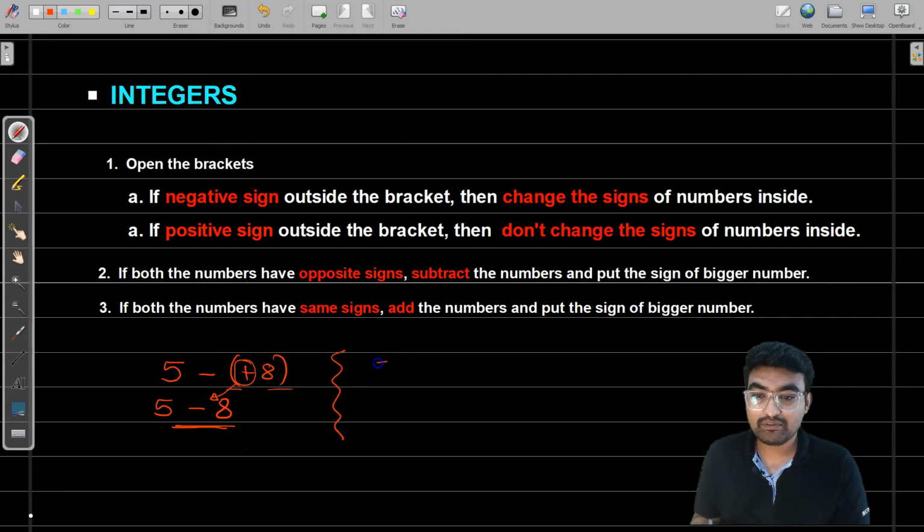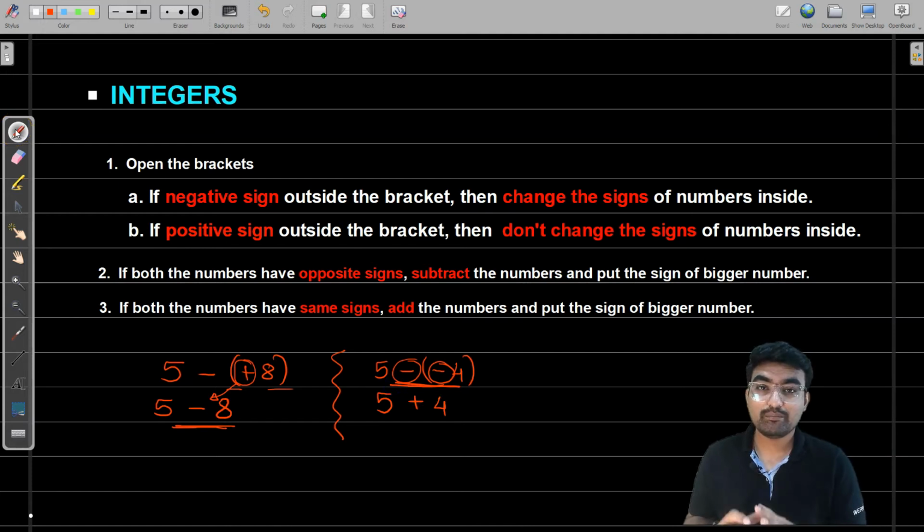Another example will be, let's say 5 minus minus 4, correct? So it will be 5 plus 4, correct? Because we have to change the signs of the numbers, right? Okay, now understand the part B of the first rule. If positive sign outside the bracket, then don't change the signs of numbers inside.